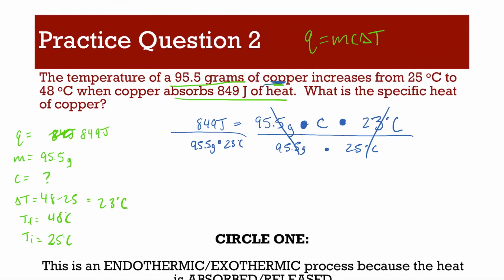And so, 849 J over 95.5 g times 23 degrees Celsius equals c. And so when you plug that into your calculator, 849 divided by 95.5 times 23 is 2196.5.